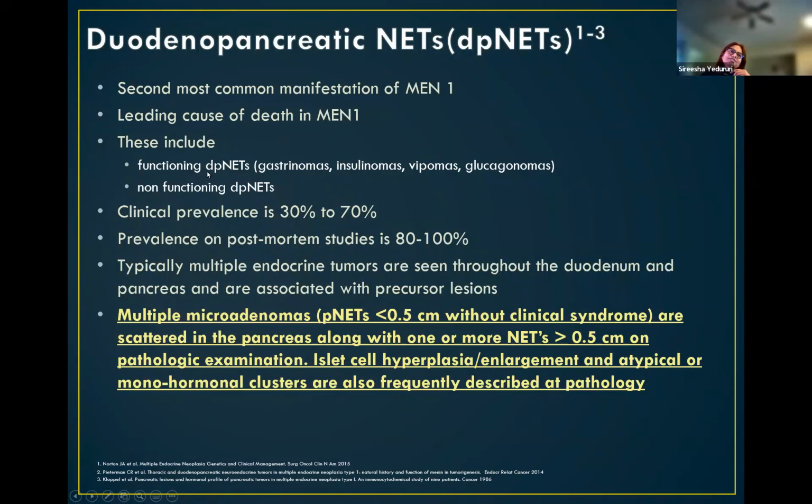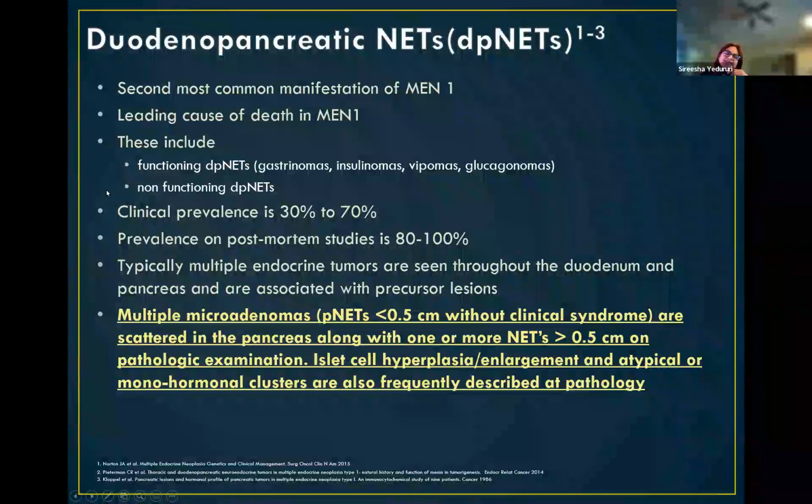So the functioning duodenal-pancreatic neuroendocrine tumors, the most common ones are gastrinomas, insulinomas, VIPomas, and then glucagonomas. Non-functioning, the prevalence is around 30 to 70%. That is clinically, either by biochemical tests or imaging.